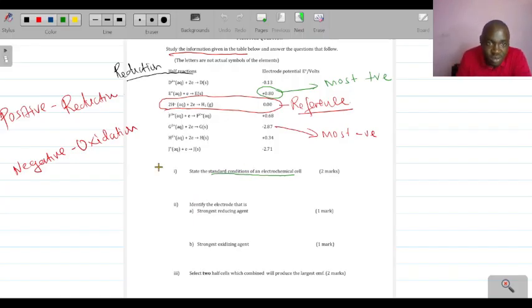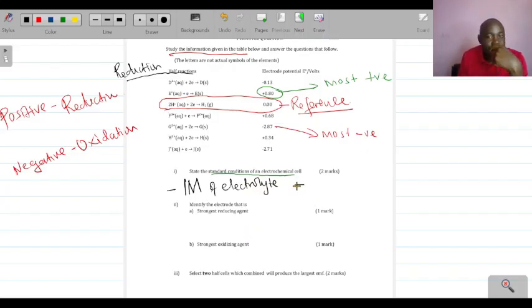So one of the conditions is that we shall have 1 molar of electrolyte. Whatever is going to be used, it must be 1 molar.